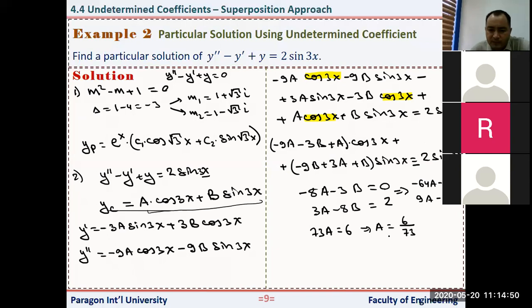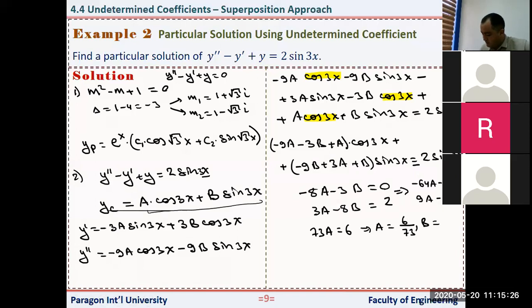Right. If you didn't make any mistake, why is a such a weird fraction? Anyway, now we need to find b. What is b? b equals, if I just substitute here, minus 8 over 3 times 6 over 73.